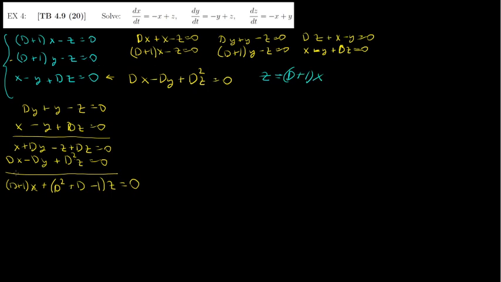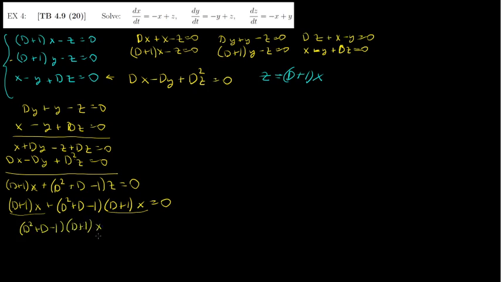We get (D plus 1)x plus (D squared plus D minus 1)(D plus 1) of x equals 0. You might think of multiplying all this out, but I'm looking at the (D plus 1)x here and just factoring that out. So you get (D squared plus D minus 1)(D plus 1) of x.